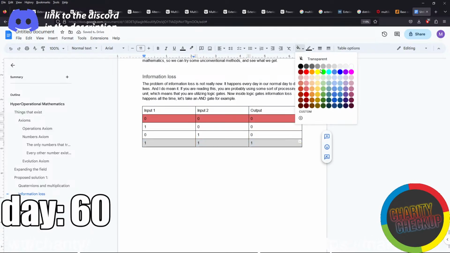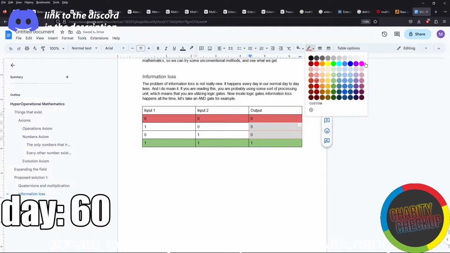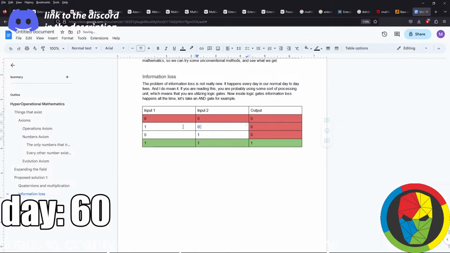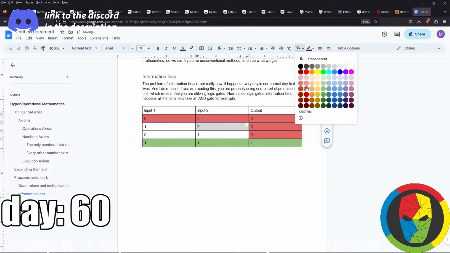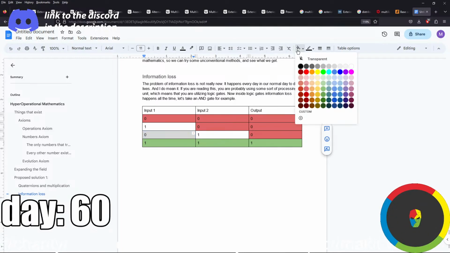First of all, this should be green. This should be red. This red? Absolutely not. This red? Yeah. Come on, just let me. I just want to select this. There we go.